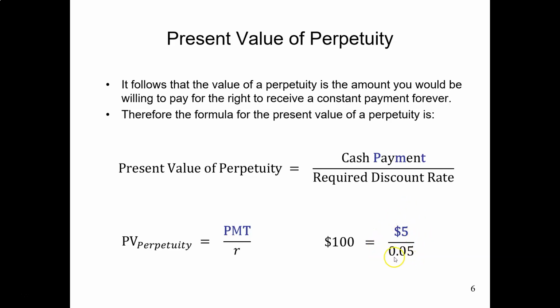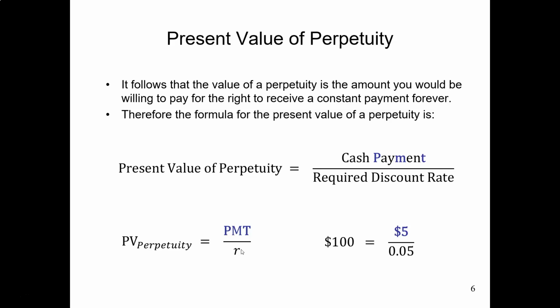If you can receive $5 payment every year forever, it is equivalent with saving $100 in your bank account and never withdraw the $100 from your account. So the equation for calculating present value of perpetuity will be the present value of perpetuity equals payment over interest rate.